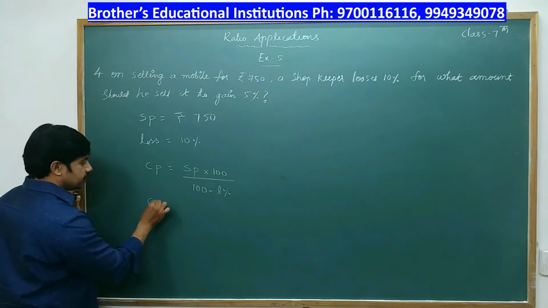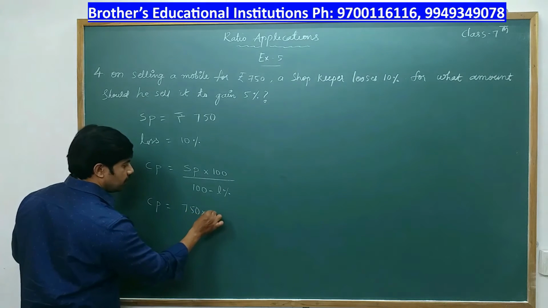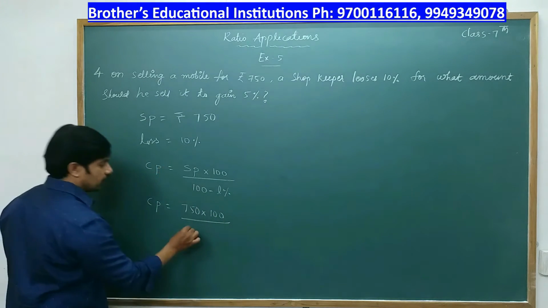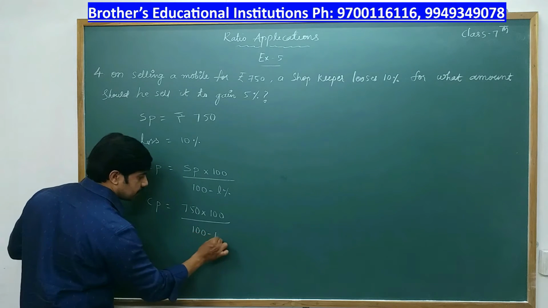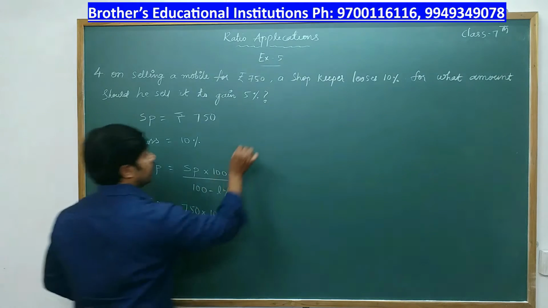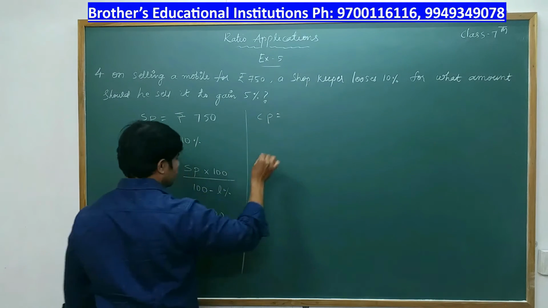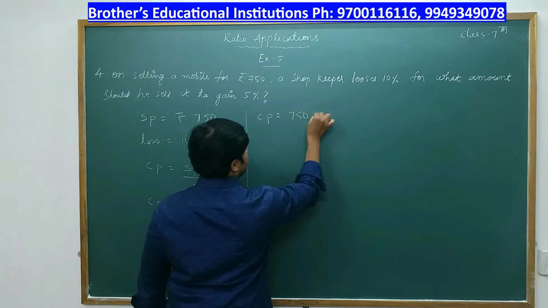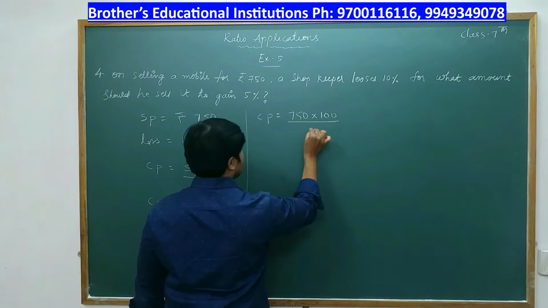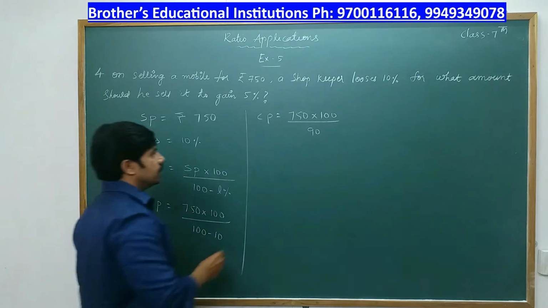So cost price is equal to 750 into 100 divided by 100 minus 10. So cost price is equal to 750 into 100 by 90. We'll calculate this.